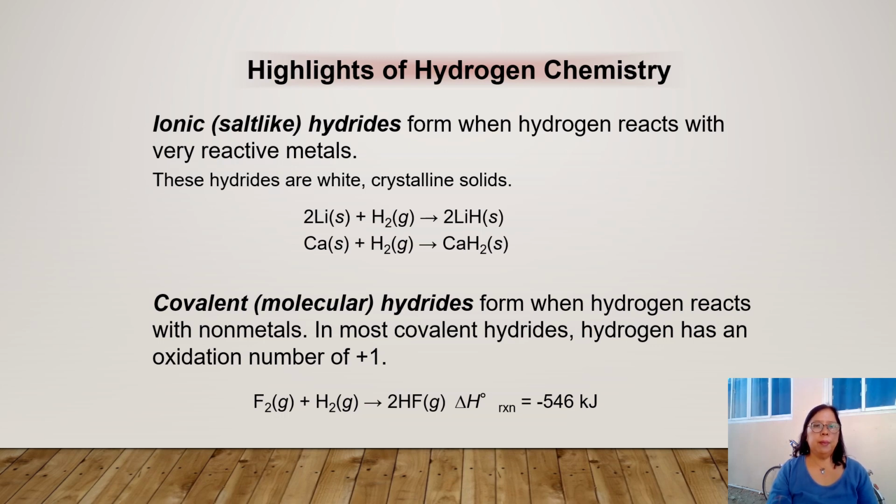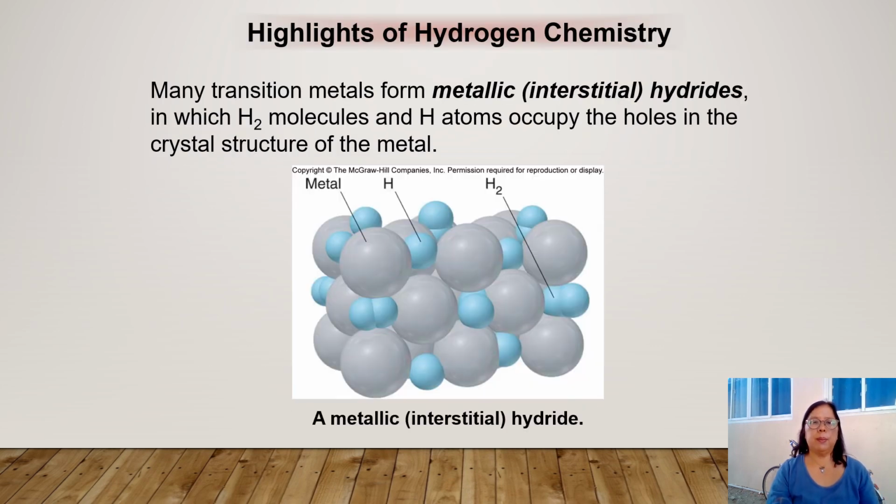And then they are also capable of covalent bonding, so hydrides in covalent or molecular form could be formed by hydrogen. Many transition metals form metallic hydrides, in which hydrogen molecules occupy the holes of the crystal structure of the metals.